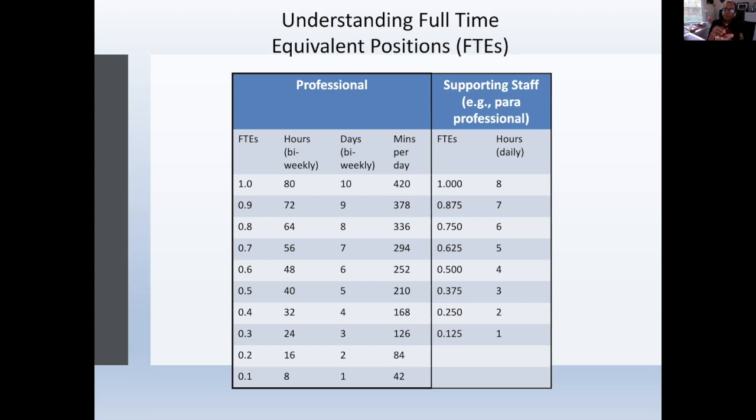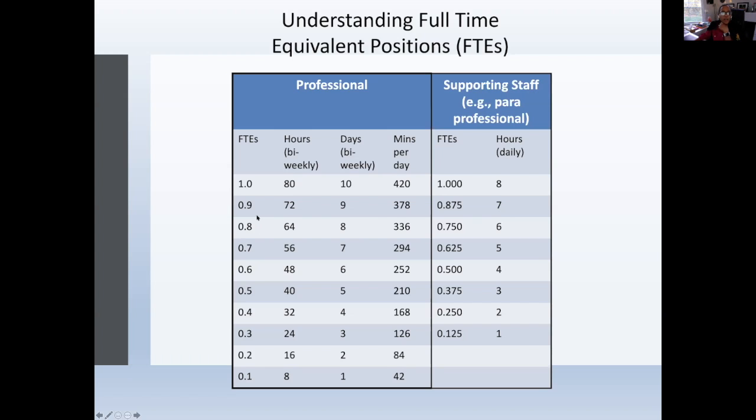So if you are a 1.0 teacher, you have enough in your allocation to provide 420 minutes of instruction per day, not including the time allotted for lunch and planning, of course.